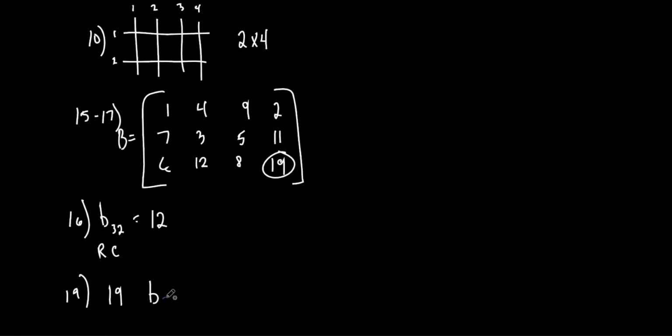So it's 3, 4. This doesn't mean 34. It means row 3 and column 4. So they ask you, where is 19 located? Well, it's in the third row, the fourth column, 3, 4. That's what we call it. Does that make sense? Yes?